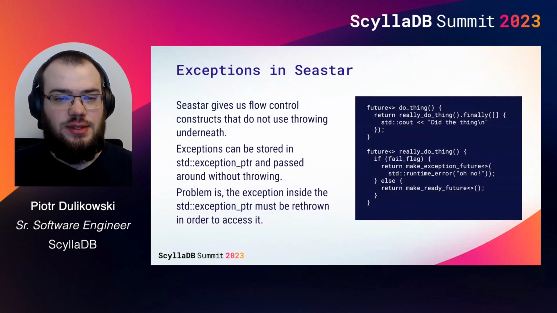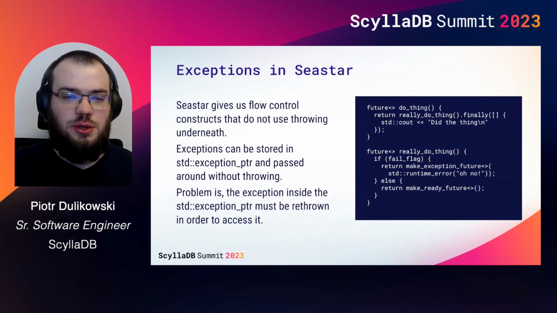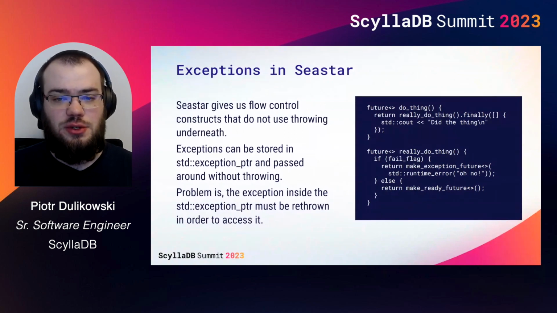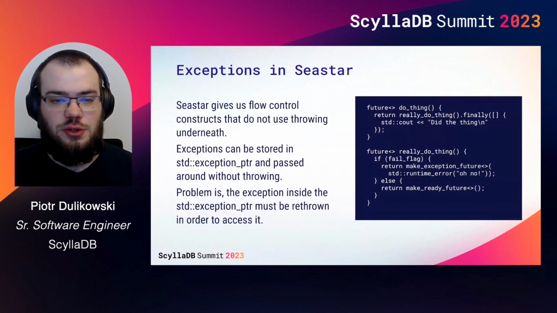What is nice is that Seastar reduces the time spent in the exception handling runtime. In most cases, Seastar is not interested in the exception itself, but only whether a given future contains an exception or not. Because of that, the common control flow primitives such as then, finally, etc. do not have to rethrow and inspect the exception. They just check whether an exception is there.